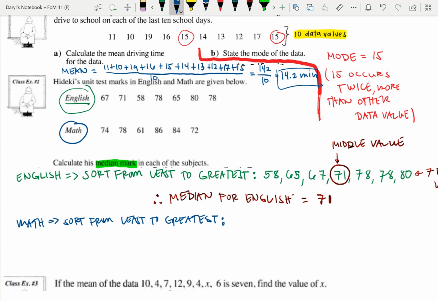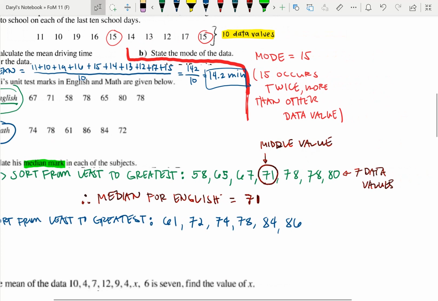So I'm just gonna arrange them from the smallest: 61, 72, 74, 78, 84, and 86.